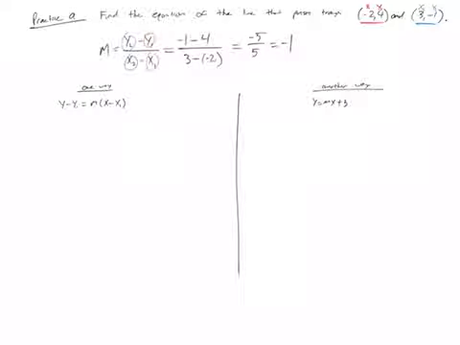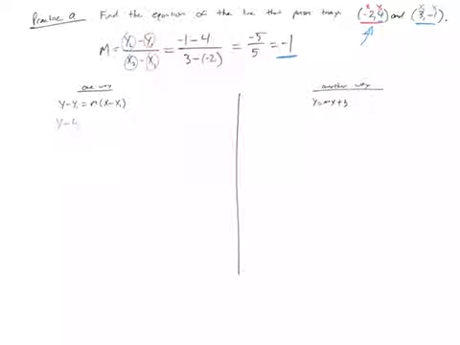Alright, so there's 2 different ways to solve this. This is my preferred method here on the left. I will use the slope that I found here, and I can use actually either point that I want, but I'm just going to use this first point. So I'm going to say y minus y1, which remember up here y1 is a 4.